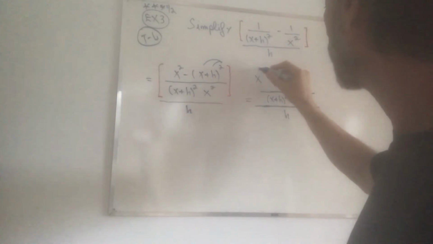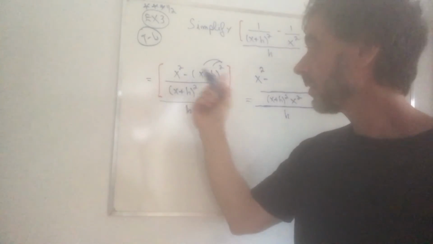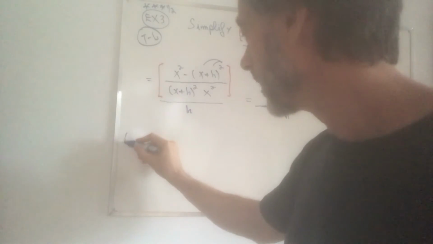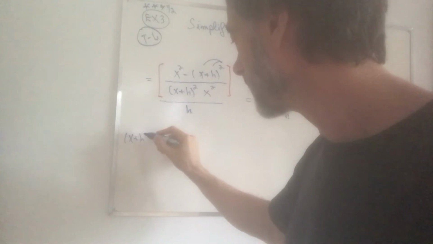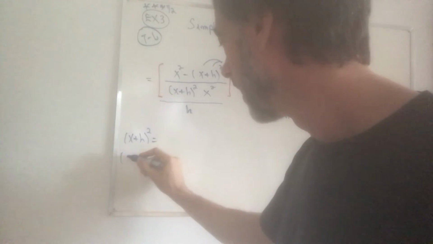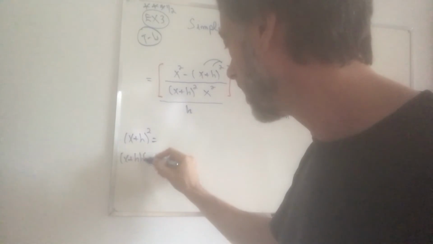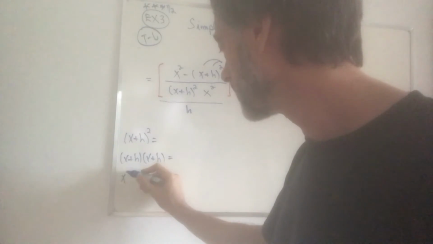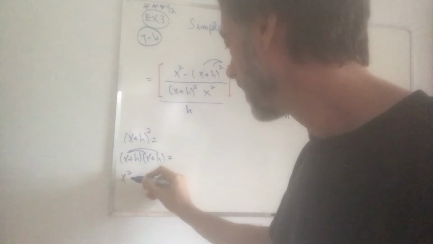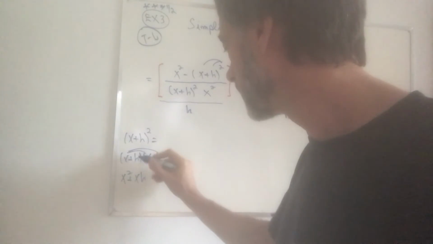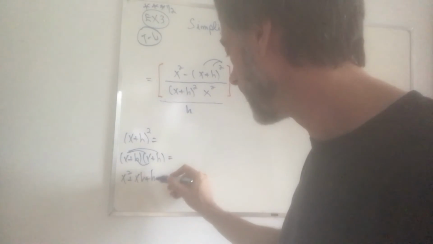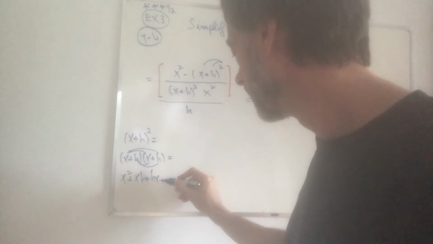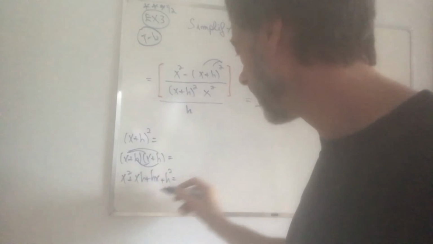X squared minus, well, the only way of doing this properly, ladies and gents, is actually to write x plus h squared, as you know, as x plus h times x plus h, which is now x squared plus xh plus hx plus h squared.